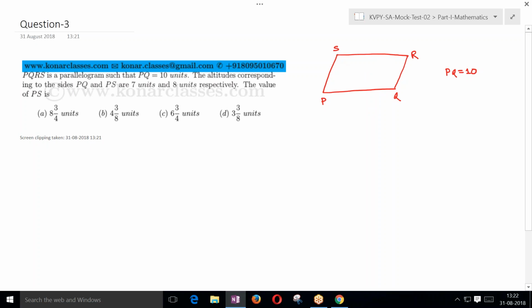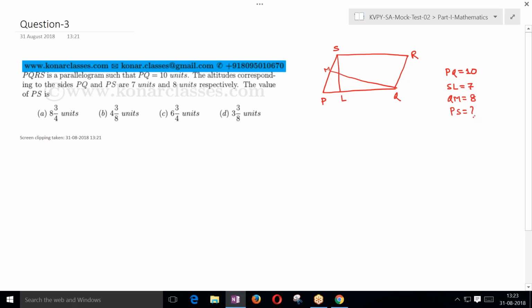Suppose this is L, then SL is equal to 7, and if you draw a perpendicular from here to here, suppose we consider this as M, then QM is also given as 8. We need to find the value of PS. So that is the question.